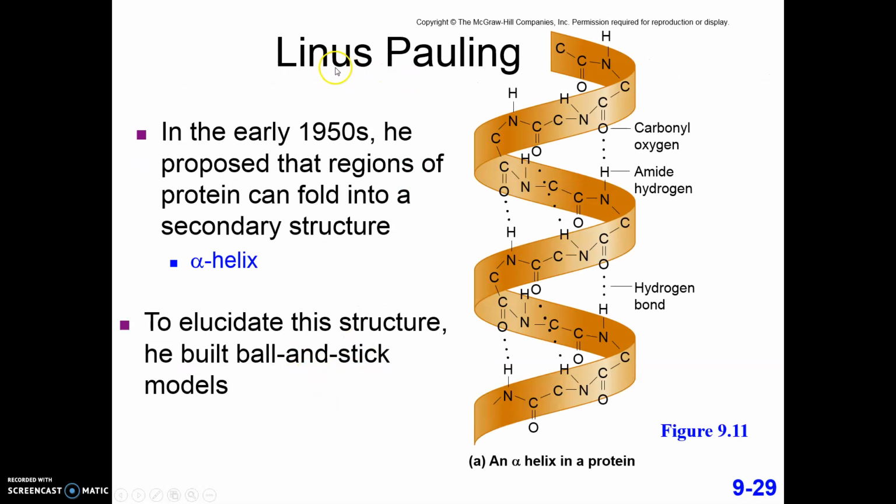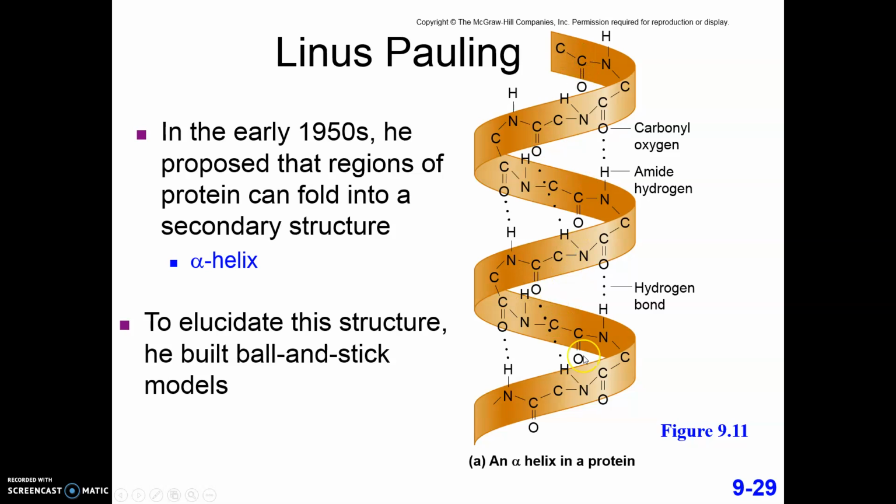So, Linus Pauling was a structural chemist, and he deduced the structure of the alpha helix. And this is the same alpha helix that you see in proteins, right? So he was able to deduce the structure of this based upon the molecules that were present, but also something called X-ray diffraction.